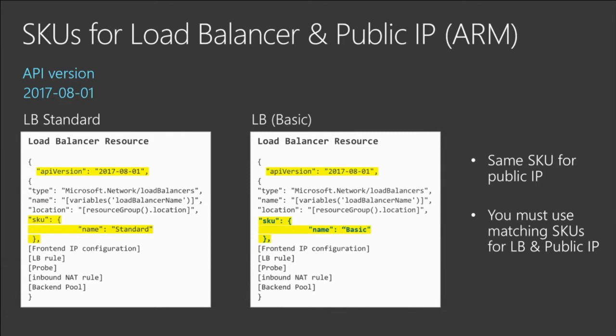So if you say SKU name standard, you get the new SKU. If you omit it, if you don't specify it, then you get the basic SKU, which is the existing product, or you can also specify it. Important thing to note here is you must always use matching SKUs for load balancer and public IP. They both have to be standard or they both have to be basic.